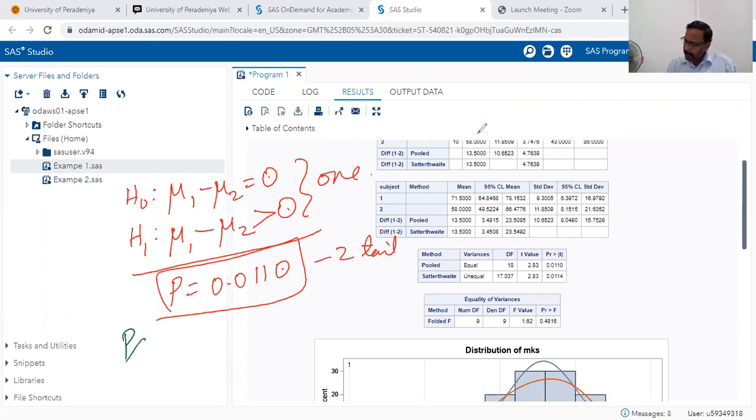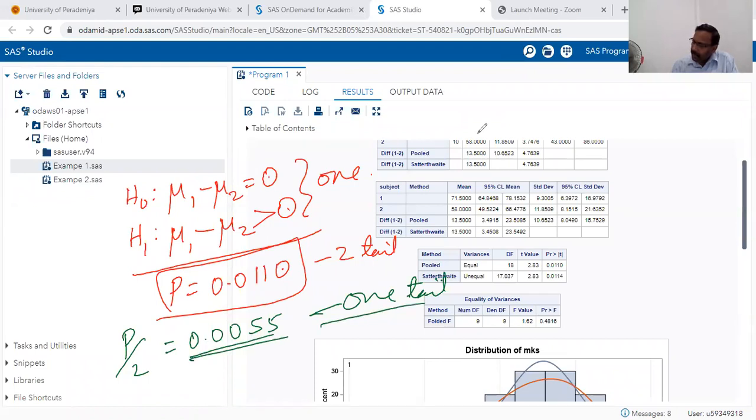If it is one tail, we divide by 2, which is 0.0055. This is for the one-tail situation. Now we compare this with our alpha. Alpha doesn't change. Always the alpha is the same. So still our p-value is much less than the alpha value, so we can reject our null hypothesis.